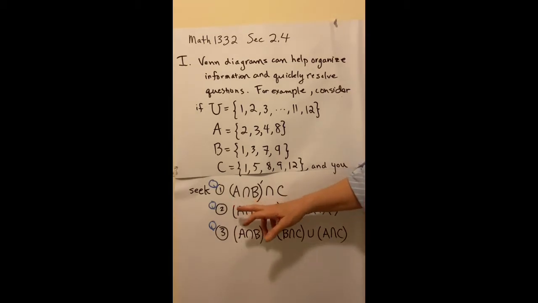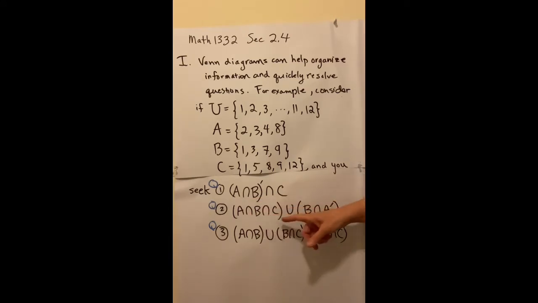And let's say you're asked to find a bunch of manipulations of all those set operations, union, intersection, with parentheses. Remember, it's like PEMDAS: whatever is inside the parentheses is evaluated first, and complementation.